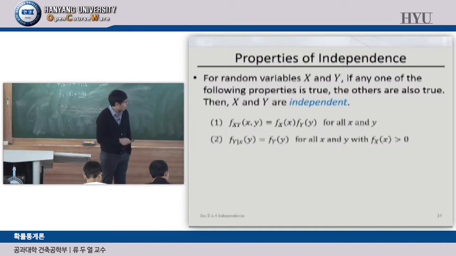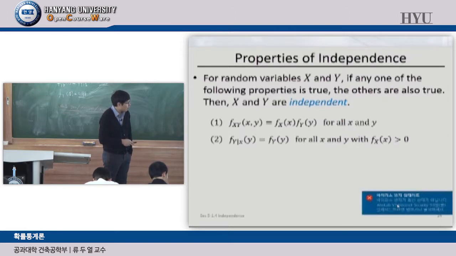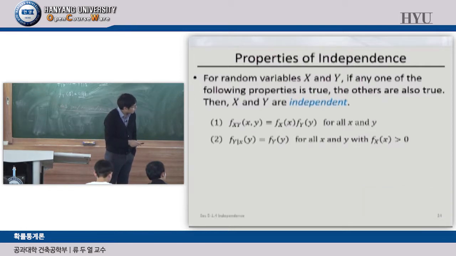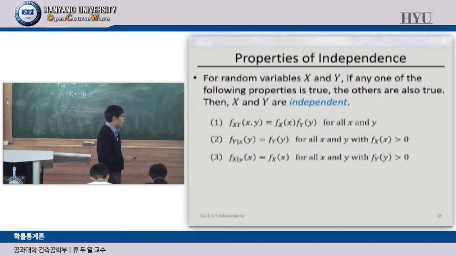The second is that the conditional probability of y given x is equal to the marginal probability mass function of y, for all x and y with the marginal probability mass function of x larger than 0. And also, the conditional probability of x given y is equal to the marginal probability mass function of x, for all x and y with the marginal probability mass function of y larger than 0.